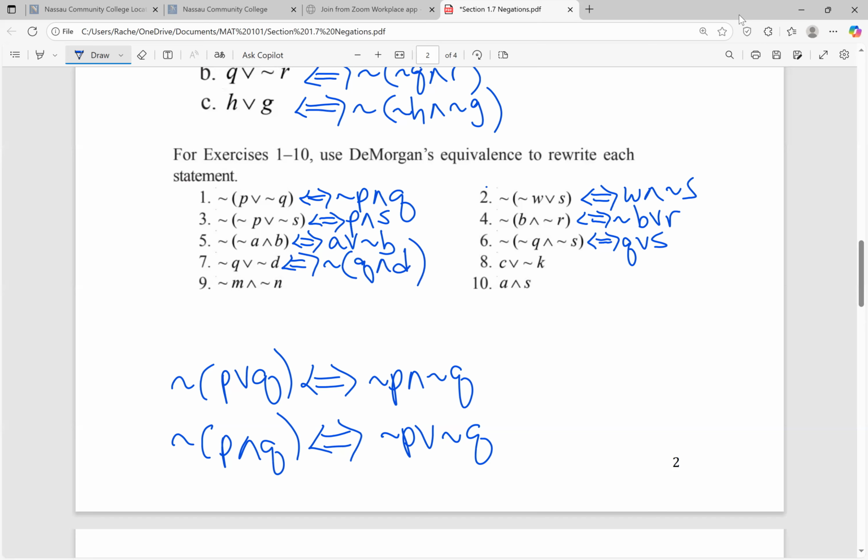Let's do the same thing for number 8. What did we have to negate to end up with C or not K? So start with the negation symbol, then parentheses. So negate C, so we have not C, or becomes and, now negate the right-hand side, not K, so a not K is going to be K. So we have not (C and K).